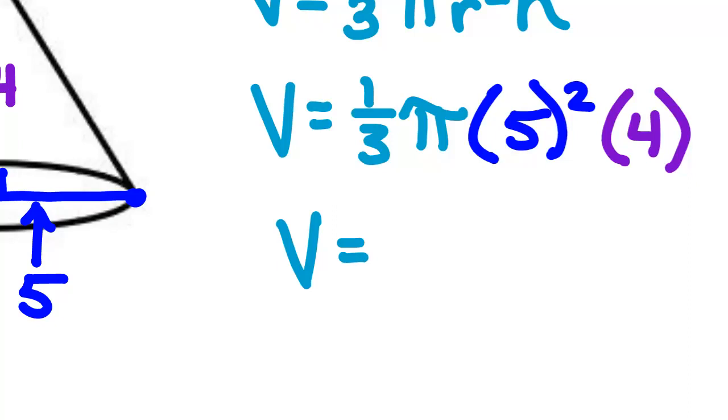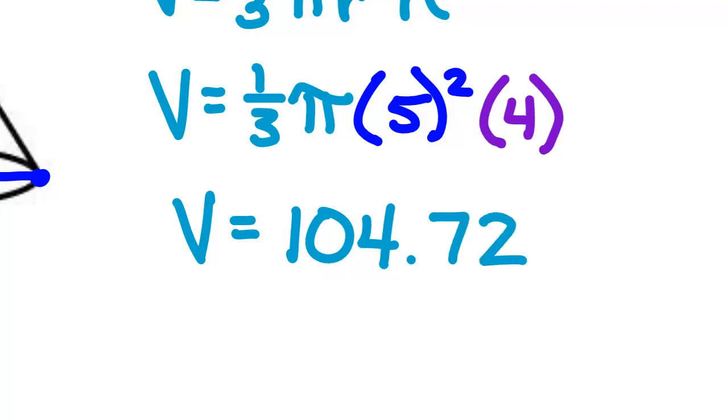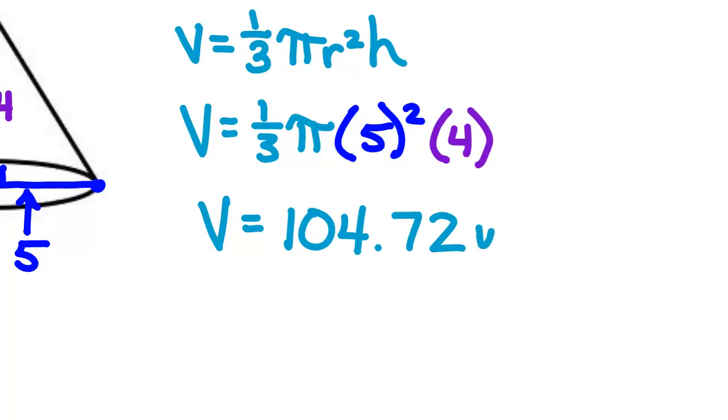What do we get when we do 1/3 times pi times 5 squared times 4? 104.72 when you round it to 3 decimal places. Perfect, and that would be units cubed.